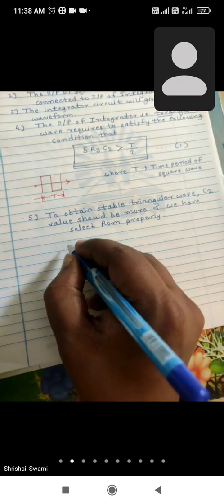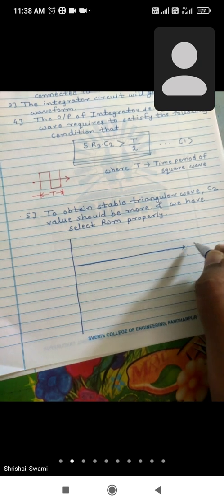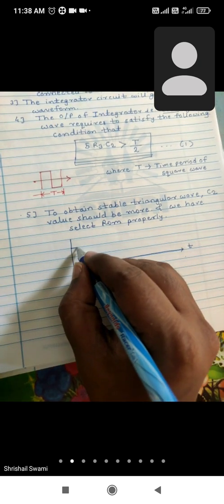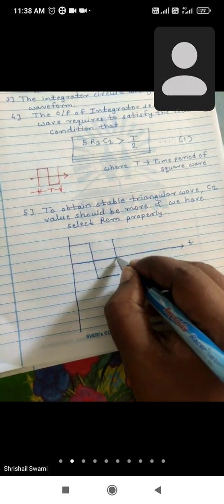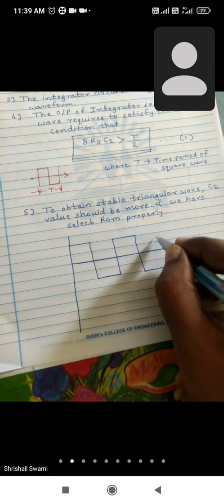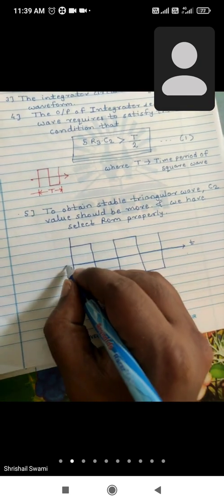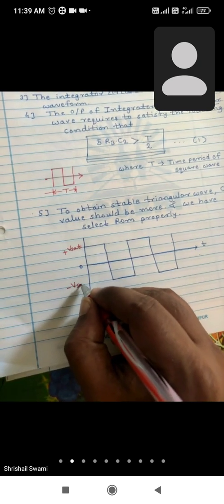Here we can draw the waveform, with respect to the square wave and the output triangular wave. Suppose this is the square wave, whose output is positive Vsat and negative Vsat. This is the output of the square wave generator.